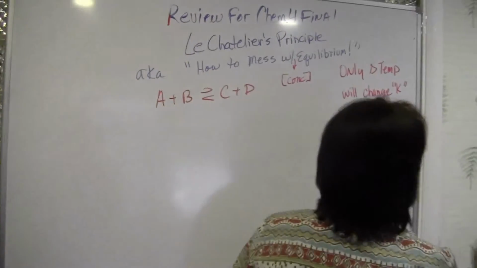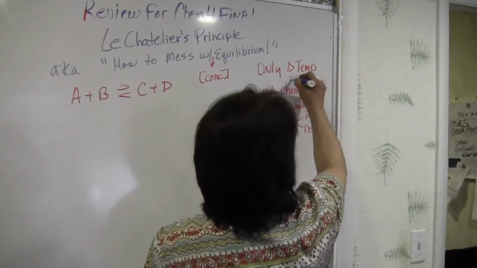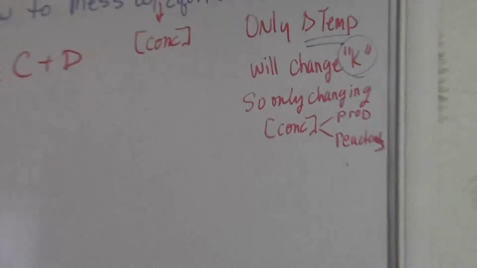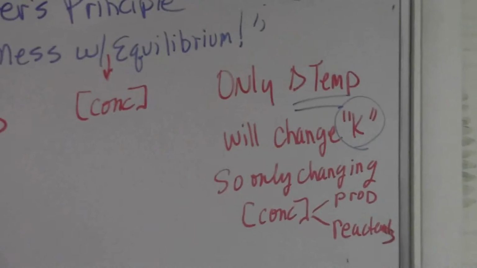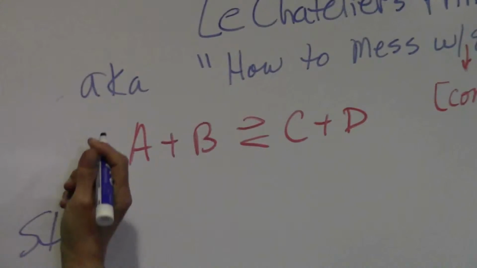Remember, the only thing that changes K is temperature. These changes we're going to talk about now do not affect K. These are the steps for Le Chatelier's problems.